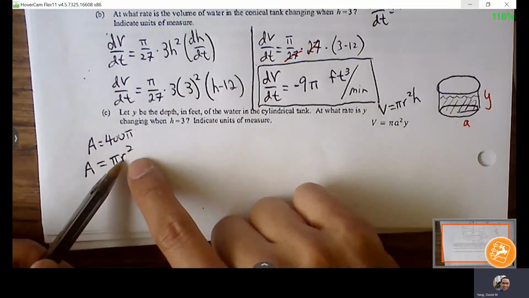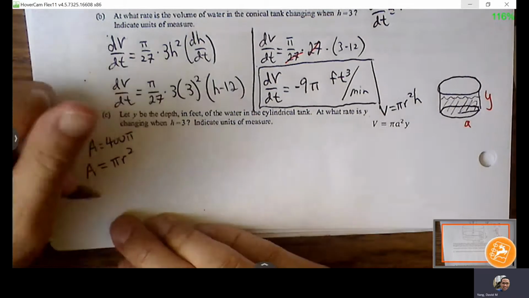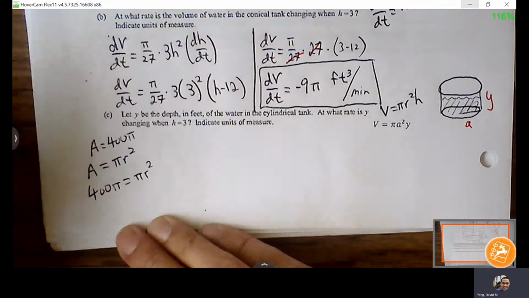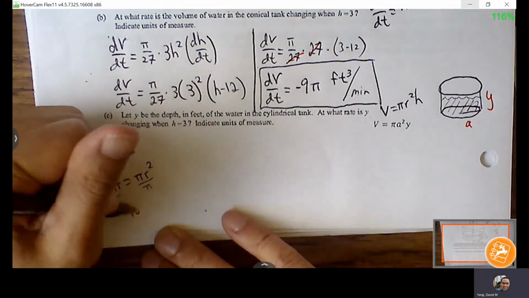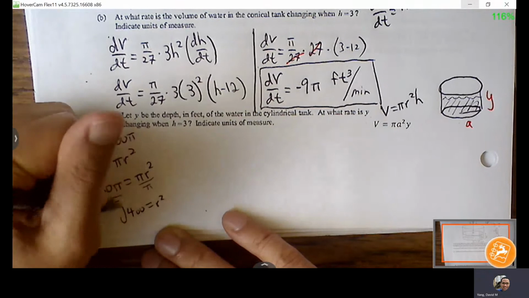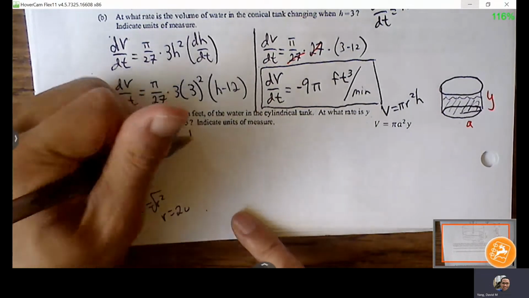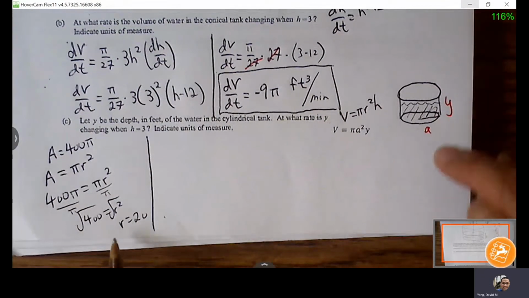Now we can use that information to solve for r, and I know r is going to represent a. So let's do that. Divide both sides by pi. Take the square roots. We get plus or minus 20, but only 20 makes sense. Okay. The radius of the tank is 20 feet.